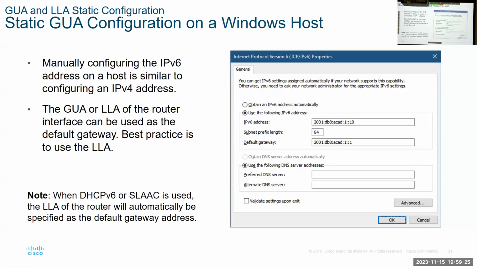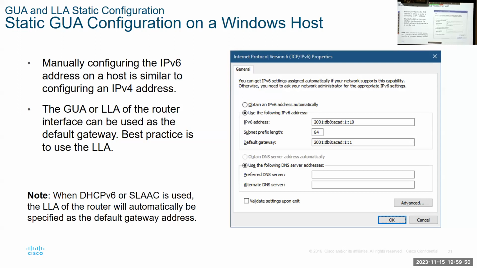So manually configuring on Windows, same thing. You just go to the IPv6 properties and type the address in that you want. Okay, so this SLAAC, we're going to see what that means shortly, but that's basically the automatic configuration of your IP address in IPv6.